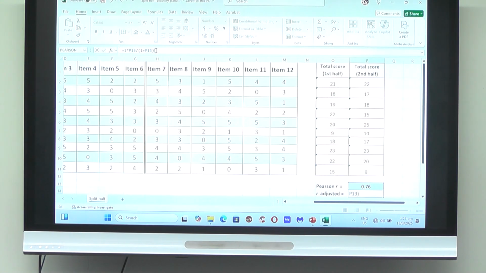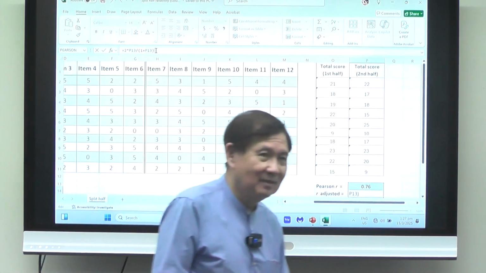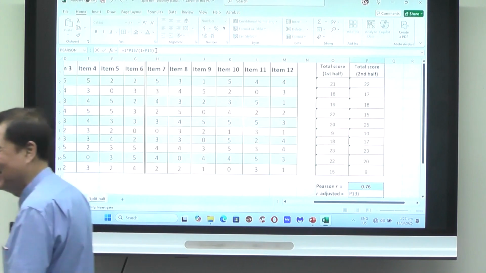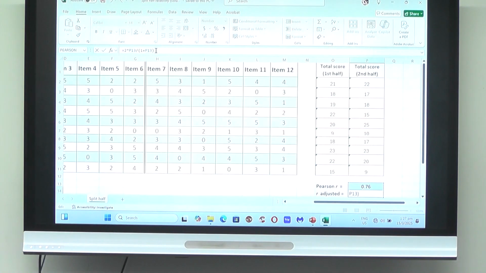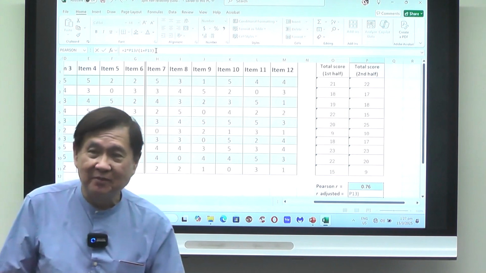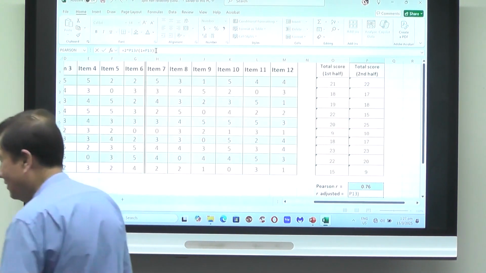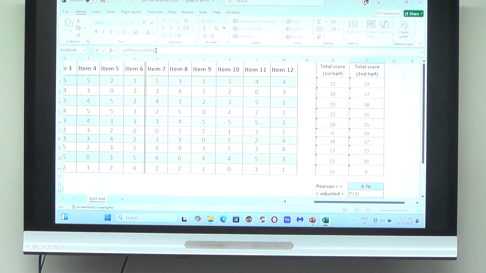Okay, now this will be the last one. How are we doing it? This one is about the inter-rater reliability. Now we are talking about the same test paper being graded by more than one rater. There are 2 teachers or more looking at the same test paper.